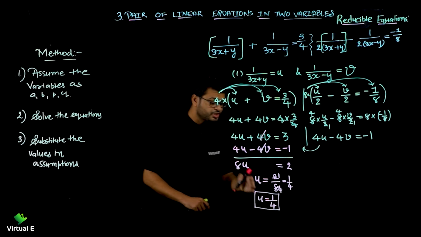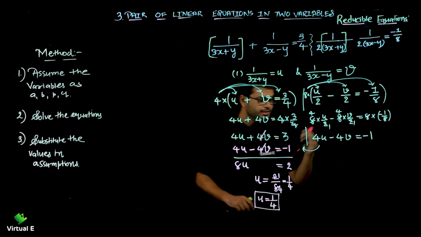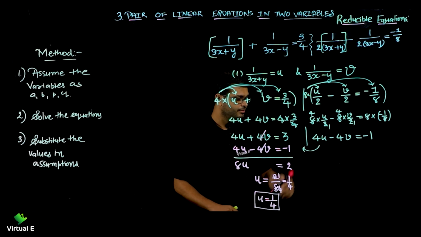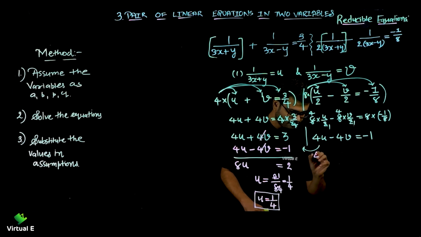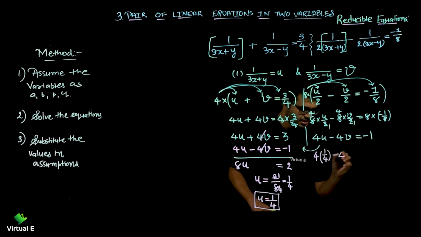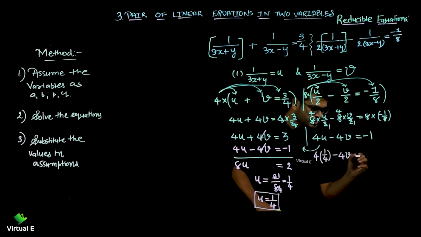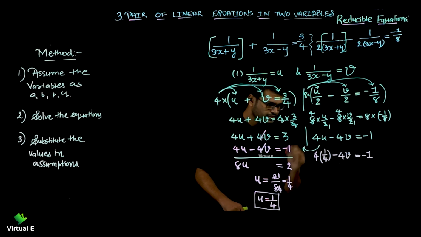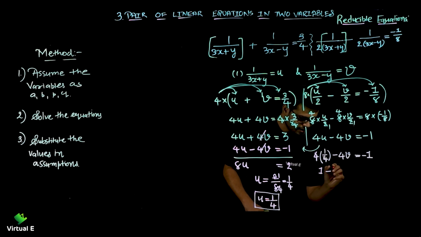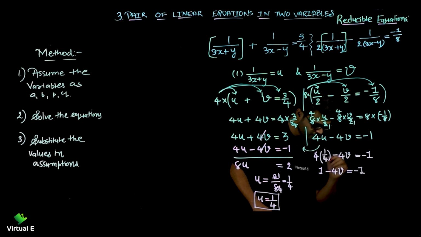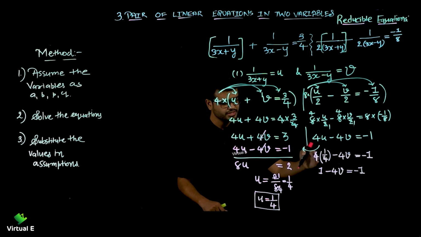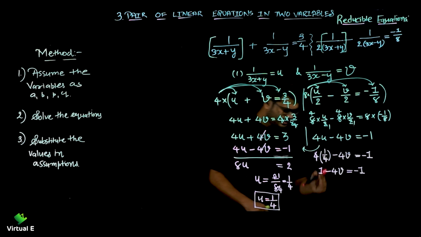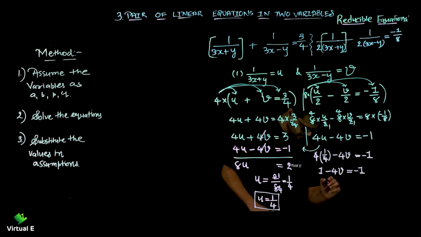Now let's substitute the value of u in this equation and get the value of v. So 4 into 1 over 4 minus 4v is equal to minus 1. Again this 4 will get cancelled. So only 1 minus 4v is equal to minus 1. Let's shift this 1 over that side, so it will become negative.